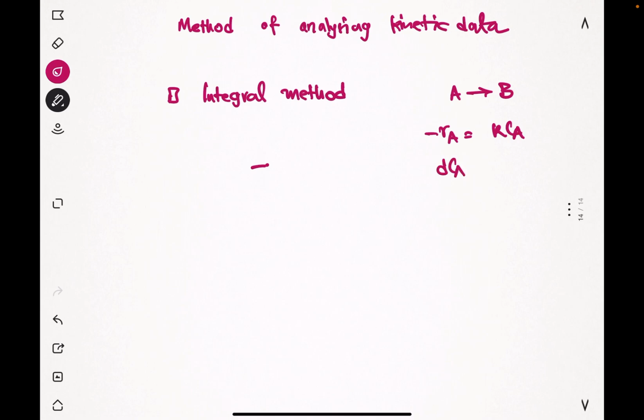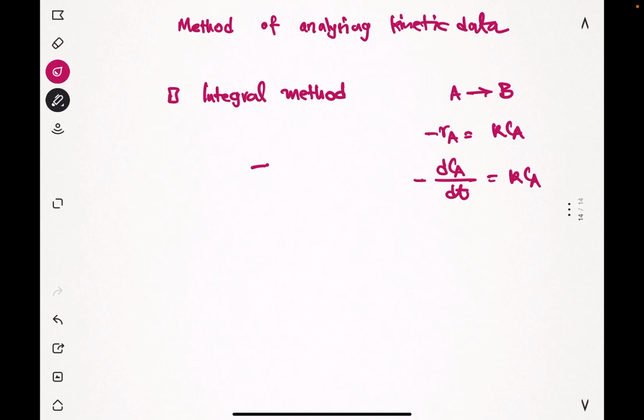If we integrate this equation, it's in differential form. So for first order, there will be a linear form of equation, and for the second order, we'll have a different equation which will give us a linear form.